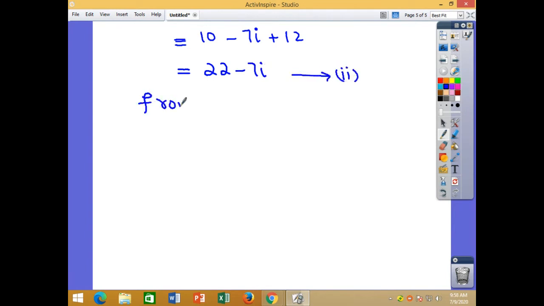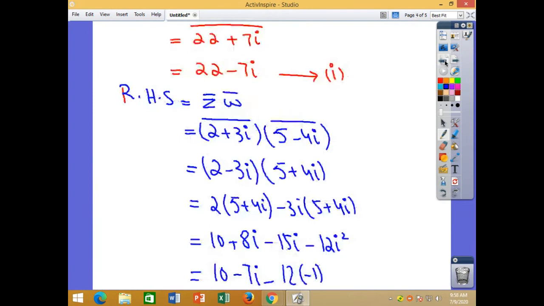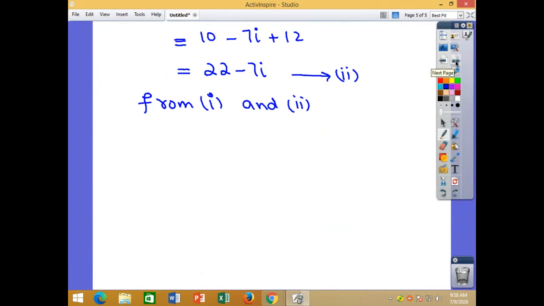From the previous equation 1 and this equation 2. In the previous equation, what is the result? The result is 22 minus 7 iota. In the next equation number 2, what is the result? 22 minus 7 iota. Both results are the same, that is, the left hand side of the equation is equal to the right hand side of the equation.